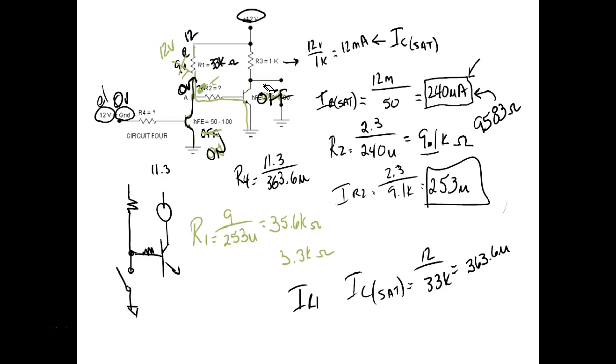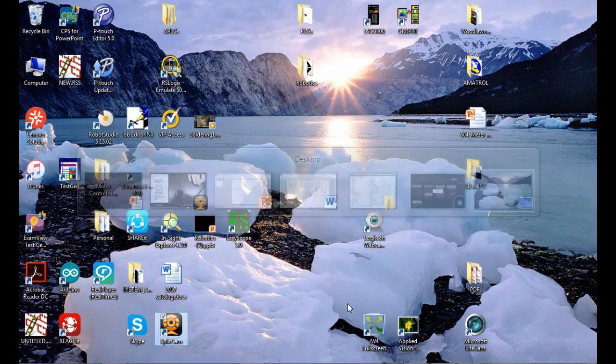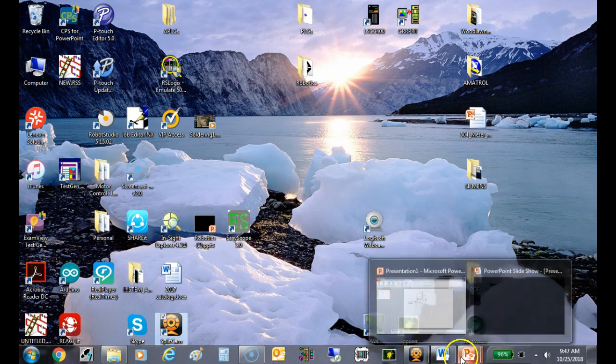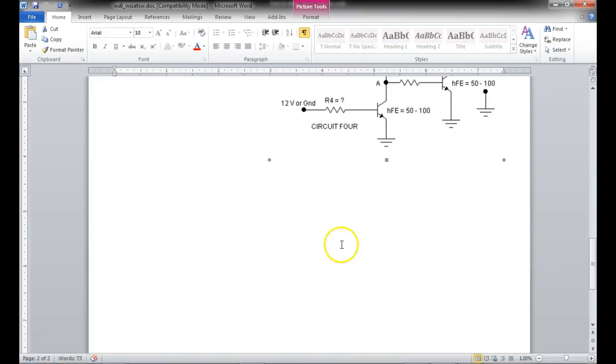Yeah, R1 is supposed to be 12 when we calculate this saturation, right? 33K, so what should that current be? You see where I'm at? Yes or no? Okay. Yeah, so the key, I don't know why we didn't catch that. So the key is wrong.